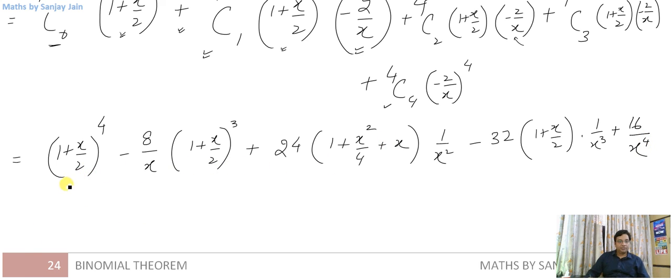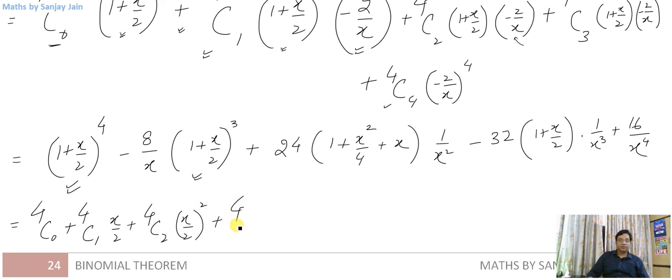Now these two expansions you have to expand using the binomial once again. So let me do it. This will be 4c0 (x by 2) raised to power 0, so it will be 1. 4c1 x by 2, 4c2 (x by 2) squared, 4c3 (x by 2) cubed, and then 4c4 (x by 2) raised to power 4.